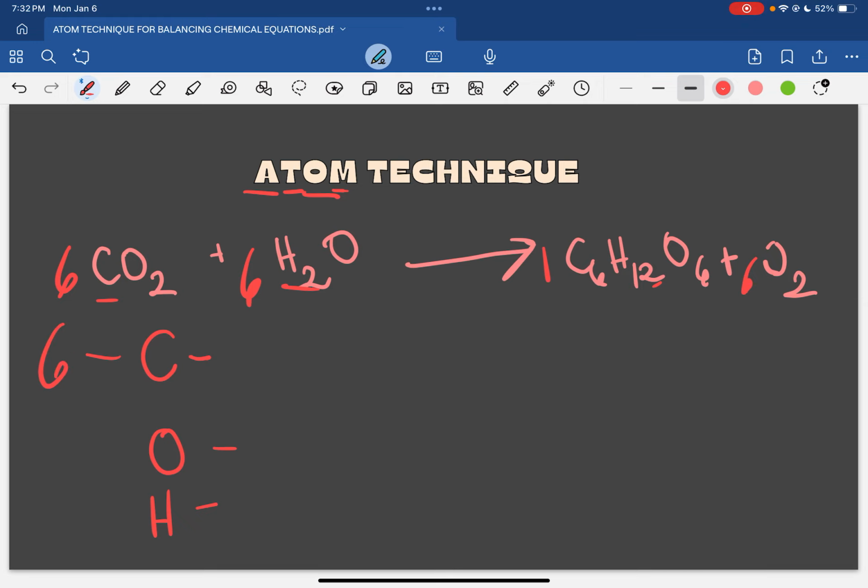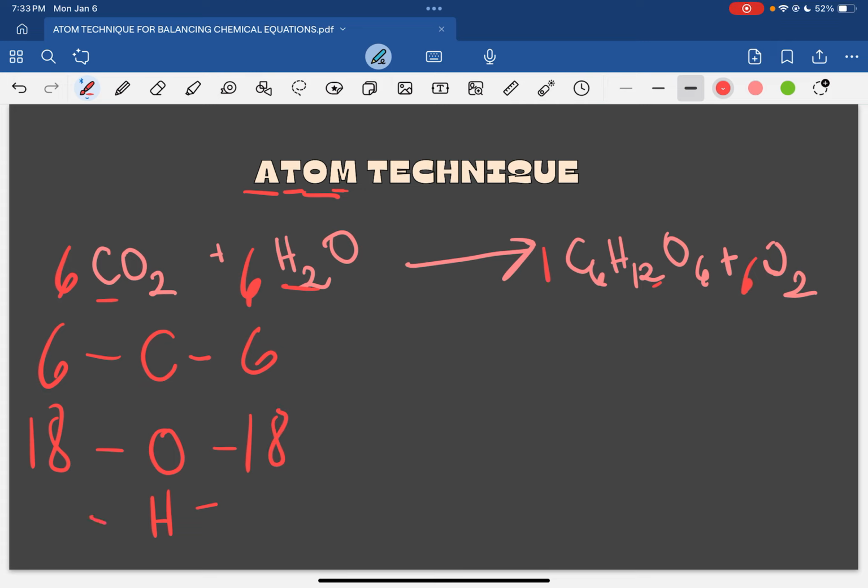On our product side, we have 6 atoms of carbon. In our reactant side, we have 2 times 6, we have 12. 1 times 6 is 6. So 12 plus 6, we have 18 atoms of oxygen. In our product side, we have 6 atoms here. That's 6 times 2, 12. So that will be 18 atoms of oxygen as well.